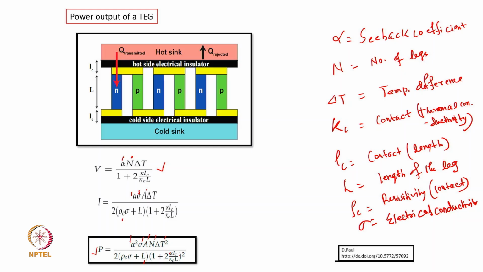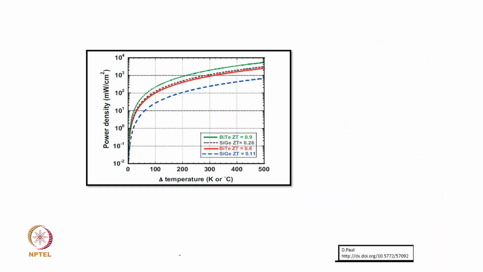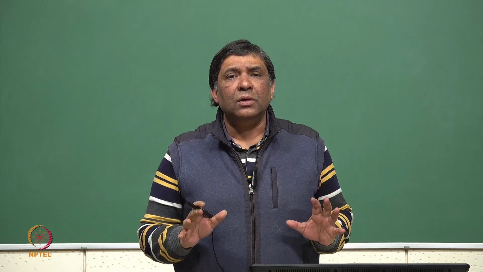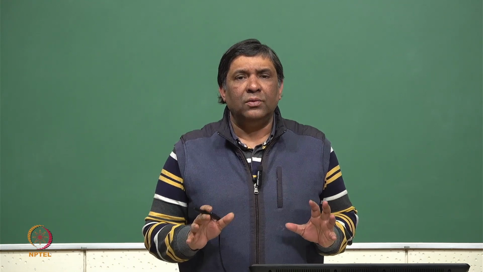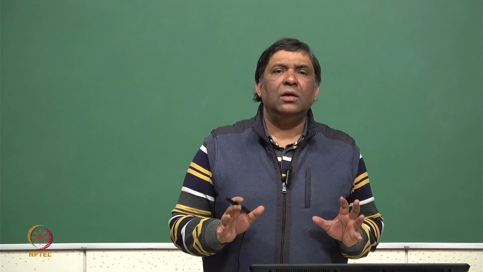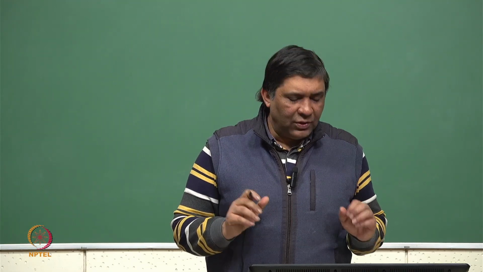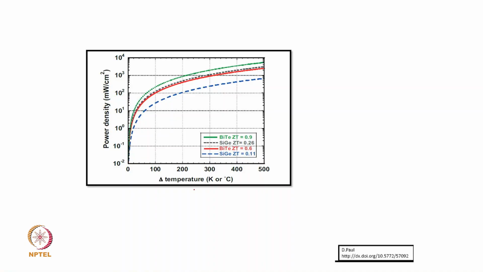Now let us look at how the power varies when we consider a real thermoelectric generator device. Along the x axis we can plot the temperature and the y axis is power density, that means the power generated per unit area, in milliwatt per centimeter square.